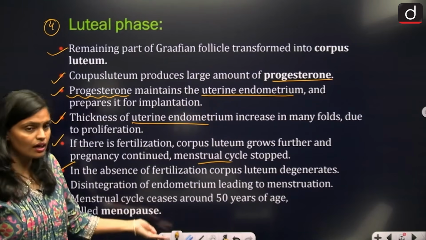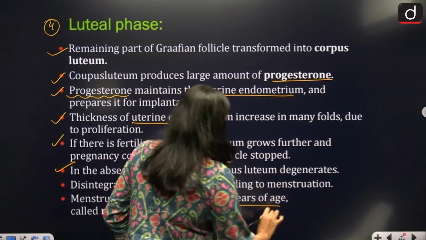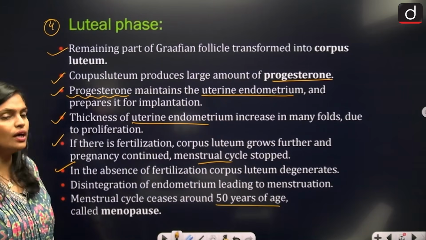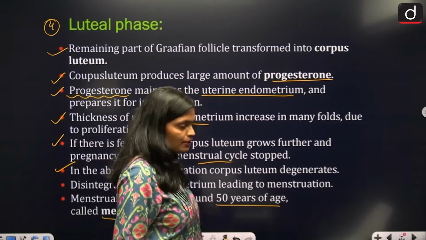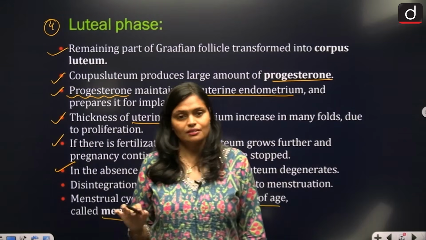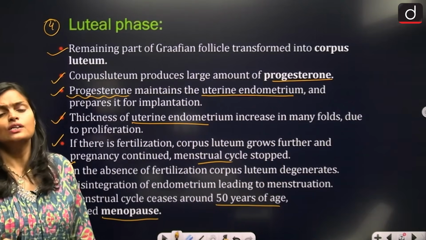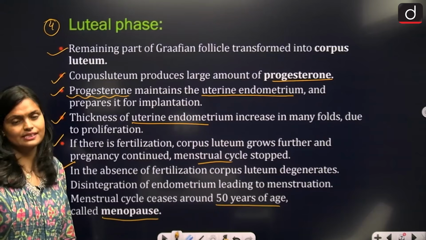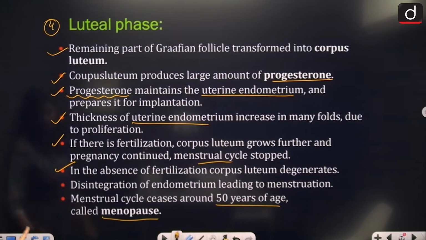The menstrual cycle ultimately ceases around 50 years of age, called menopause. So the starting is menarche and the ending of the menstrual cycle is called menopause. So these are basically the 4 phases of the menstrual cycle. Clear?